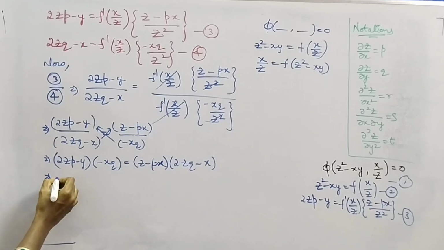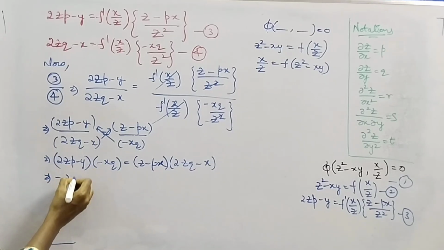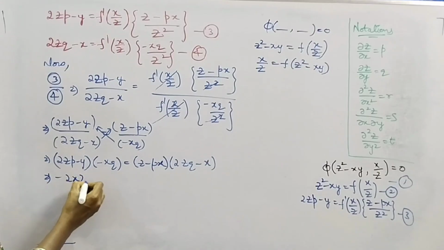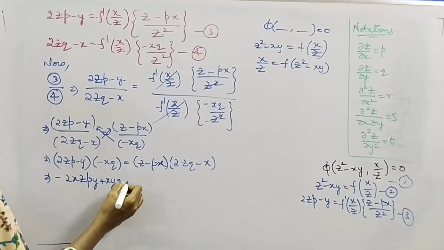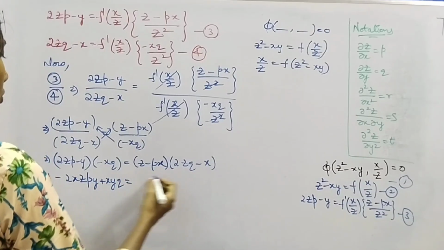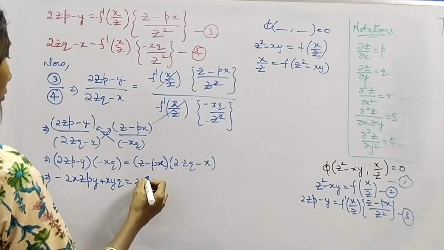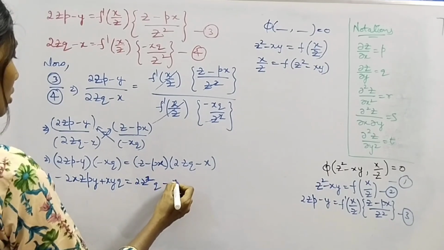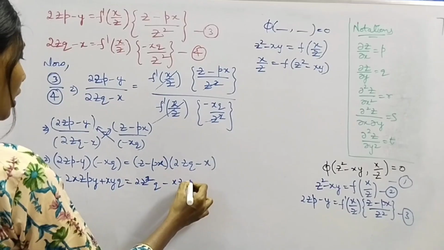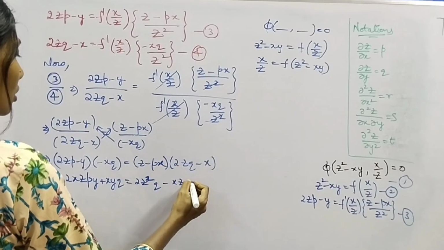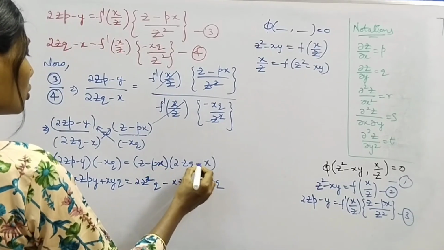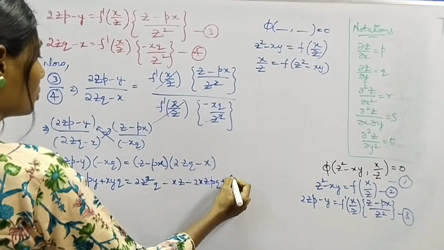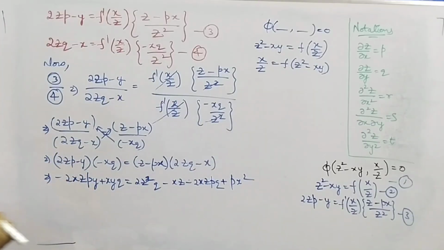This gives us minus 2xzpq plus xyq equal to z into these two terms, 2z²q minus xz, minus px into 2zq, which is 2xzpq, plus px², right?